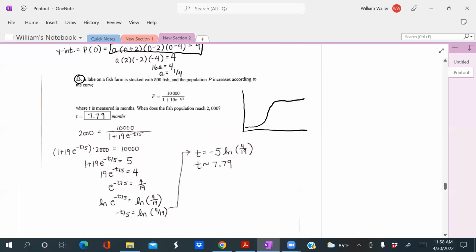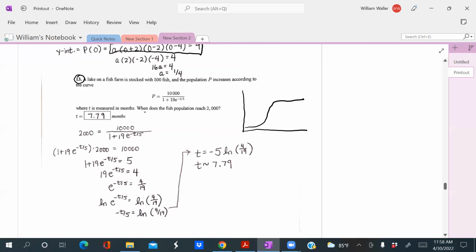So the population won't grow indefinitely. It may grow rapidly at first, but then it will level off at some stable population, I'm thinking. All right, but we're not asking about the graph anyway, or not directly.